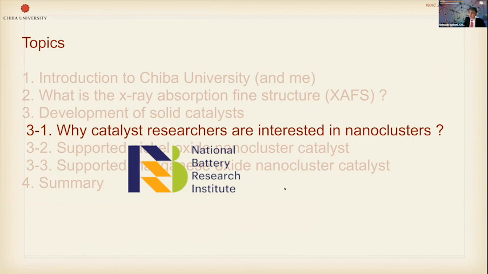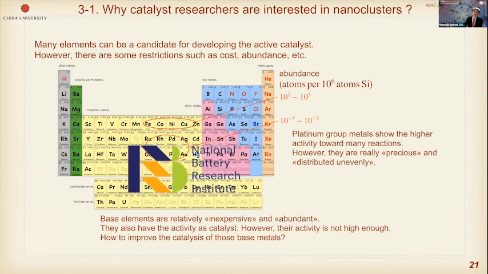application of XAFS to the development of solid catalysts. First part: why are catalyst researchers interested in nanoclusters? To develop an active catalyst, many elements can be candidates.